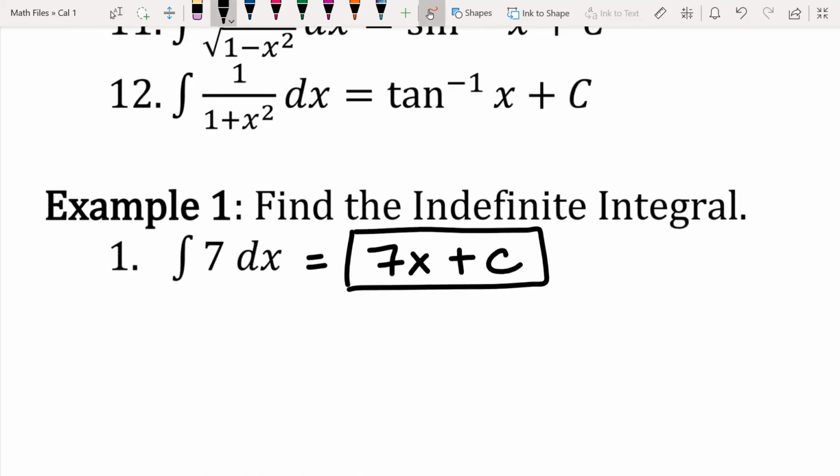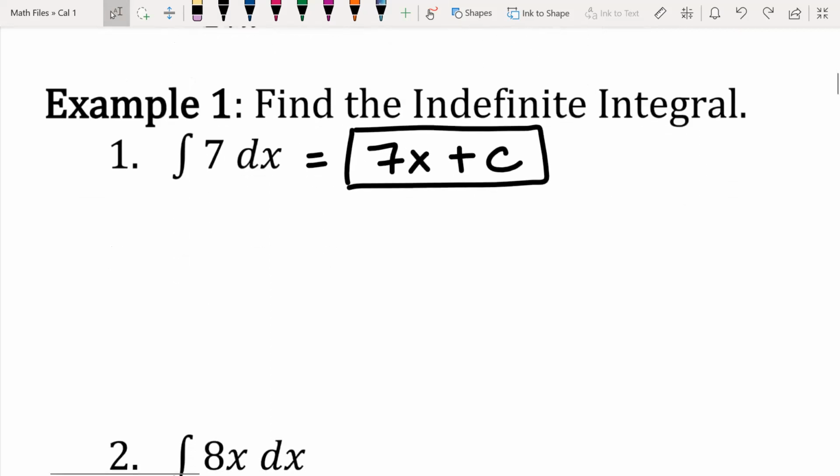And to check your work, you can take the derivative of our answer. Well, we know that the derivative of 7x is 7. And what is the derivative of any constant? 0. Good. So it checks out. To check your work, you can take the derivative of your answer.